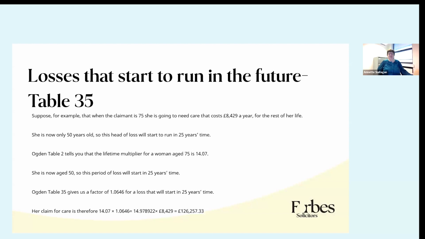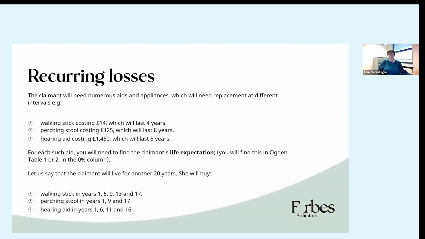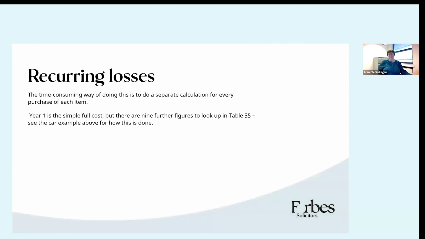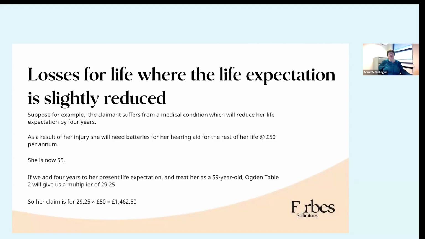I've also got a calculation there where someone's loss starts running in the future, which is another table 35 calculation. Recurring losses, you can feel free to use that. And I've also put an example of losses where someone's life expectation is slightly reduced.